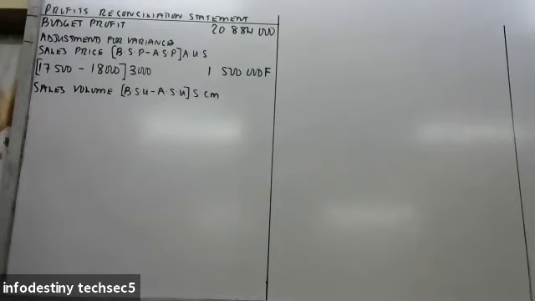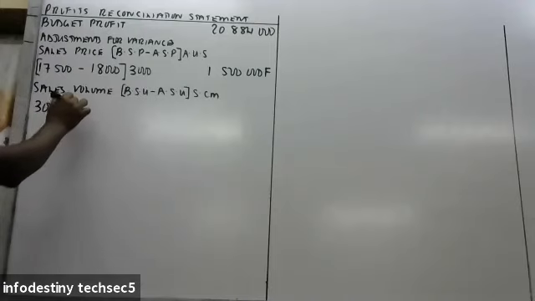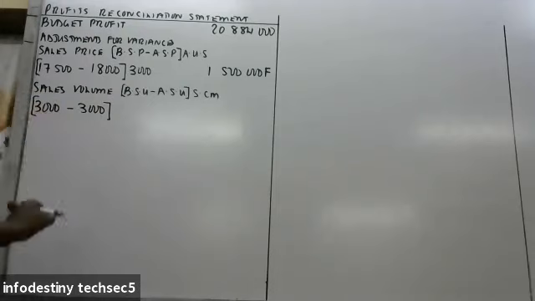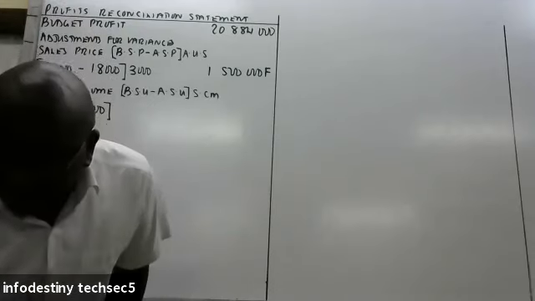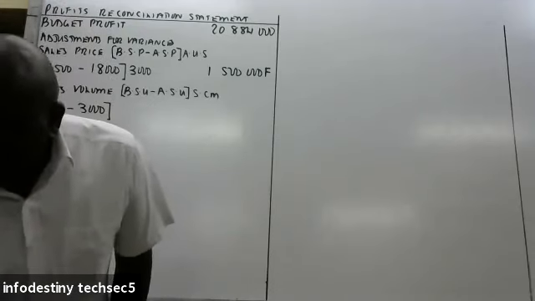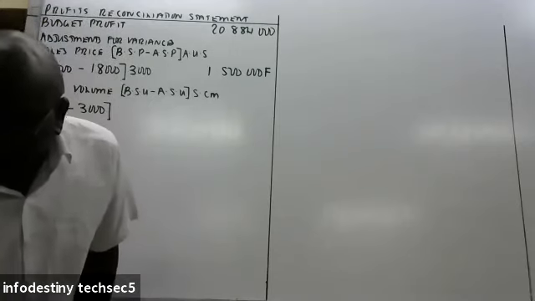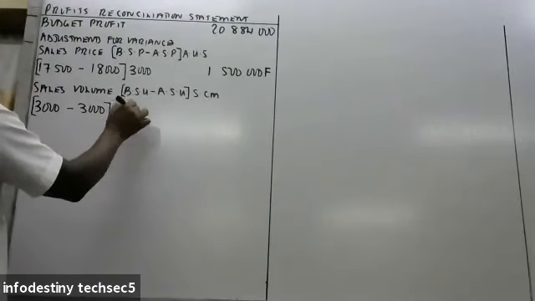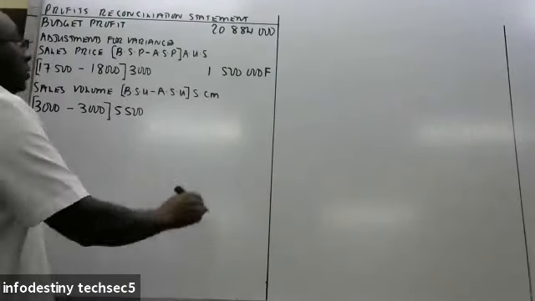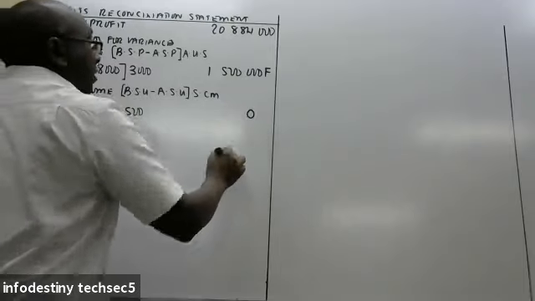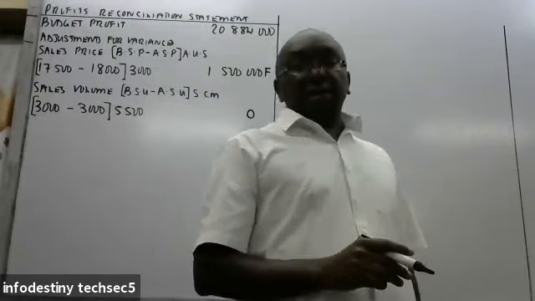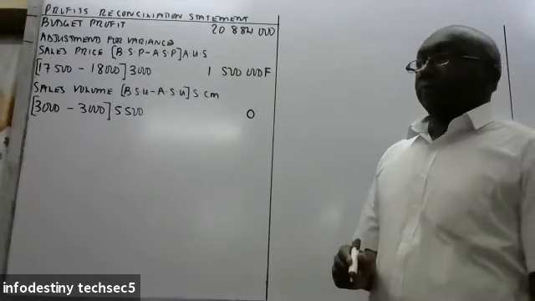According to our budget, we thought we could sell 3,000, but we ended up also selling 3,000. And if you look at the budget statement, contribution per printer was 5,500. So obviously this one reports zero variance.